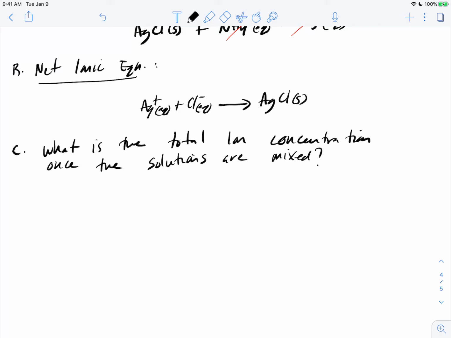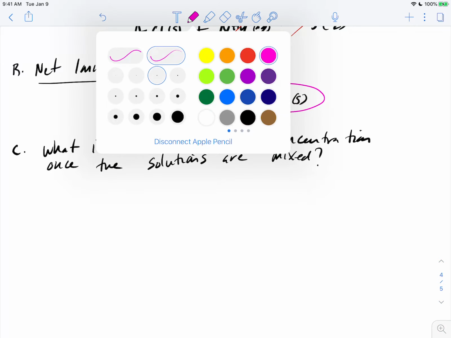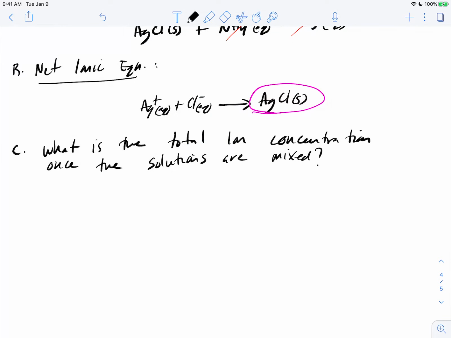What that means is that we have some of the ions that are going to crash out to form a solid. And so we have to figure out, if we look at what is the total ion concentration, well, that's going to be equal to the moles of our spectator ions we started out with.